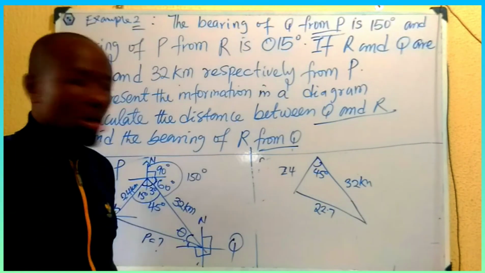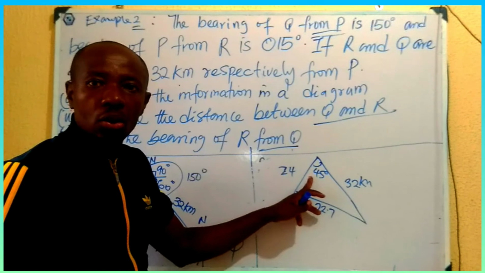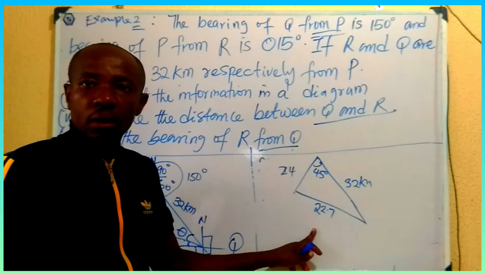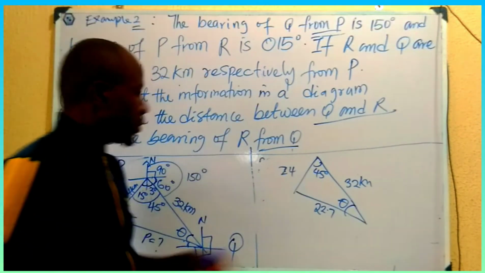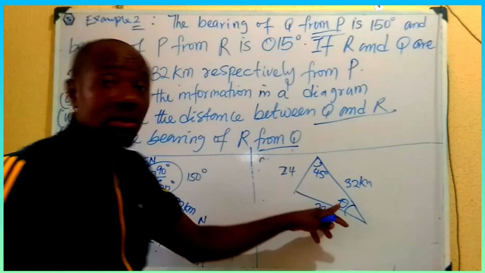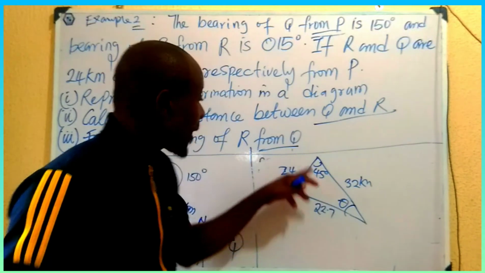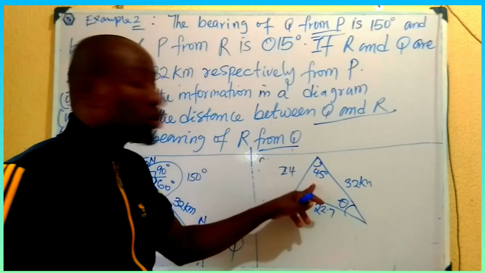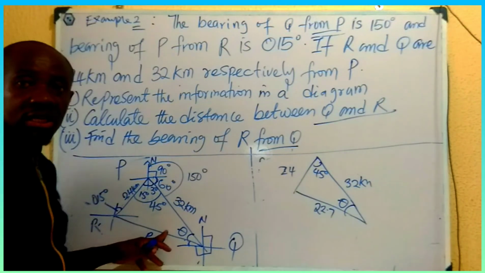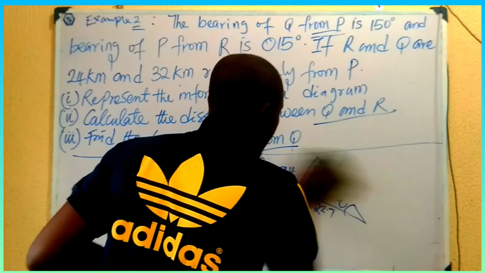So now we have one angle and one side facing each other. To find this angle here, we can use the sine rule. The sine rule says that when one angle and one side are facing each other, you can use the sine rule. So we can use the sine rule to find angle theta.